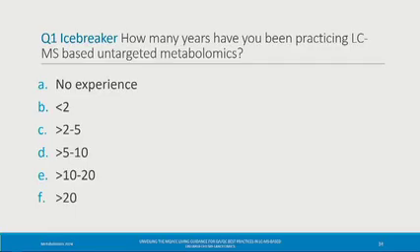Okay. The question number 1 is an icebreaker. It's just to know how many years have you been practicing LCMS-based untargeted metabolomics? A, no experience at all. B, less than 2 years. C, between 2 and 5 years. D, between 5 and 10 years.